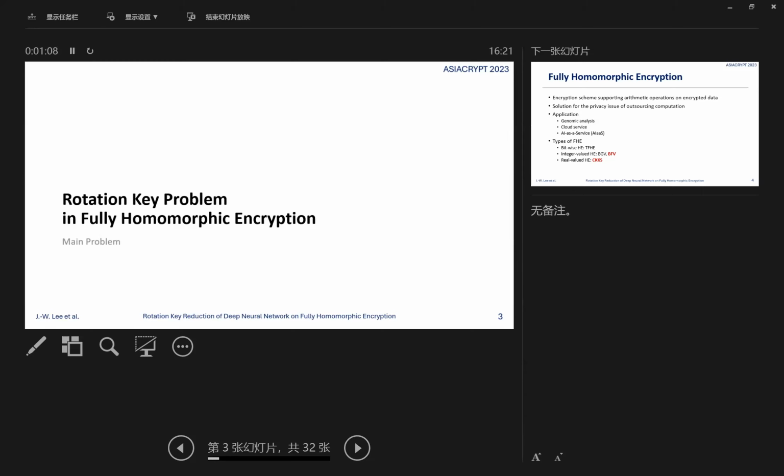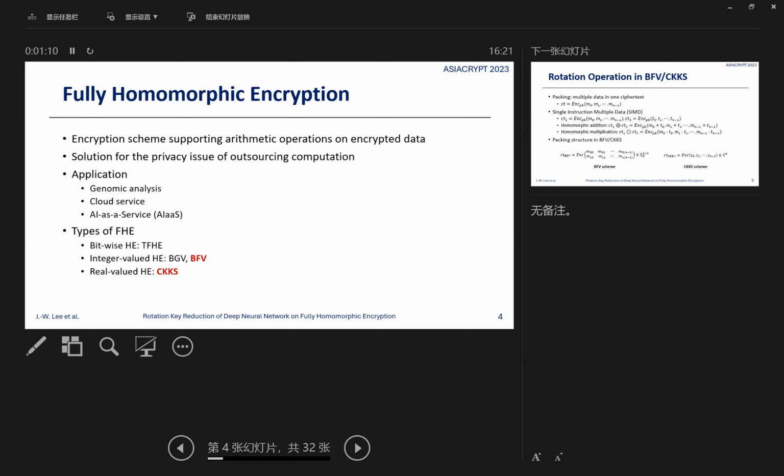So I explain the rotation key problem. Fully homomorphic encryption is an encryption scheme for performing arithmetic operations such as addition and multiplication, and it can solve the privacy issue of outsourced computation such as genomic analysis, cloud service, and AI as a service. Because there is a conflict between privacy and services, fully homomorphic encryption can solve this conflict.